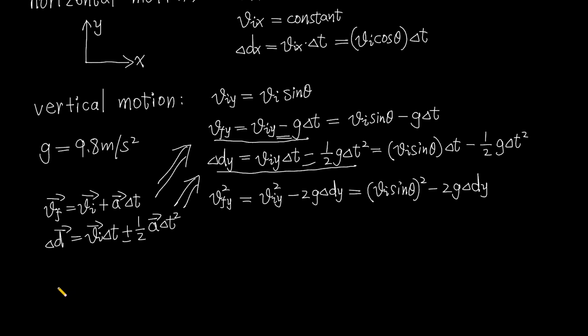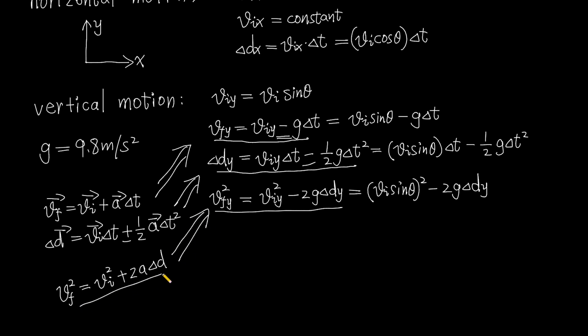We also learned this formula. The final velocity squared equals the initial velocity squared plus 2 multiplied by the acceleration multiplied by the displacement. In fact, this formula is different from this formula.